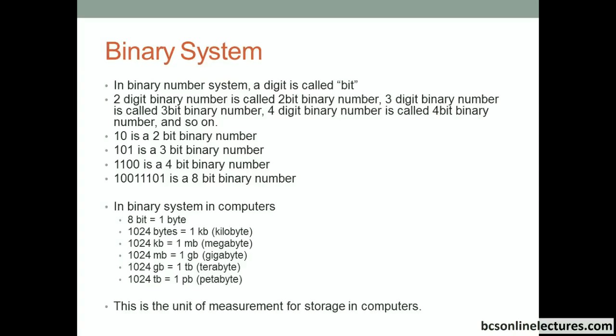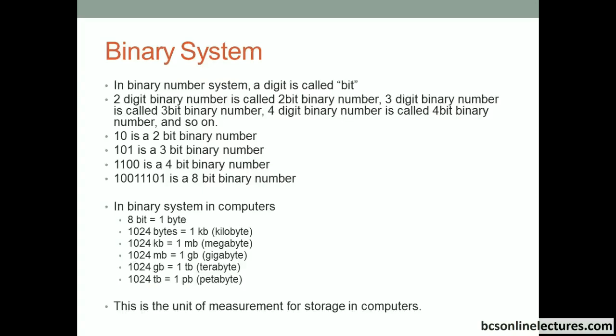So this bits and bytes system, or this binary number system, is for storage capacity. We use it for capacity inside a computer. Also it is sometimes used to measure speed or processing speed, right? How many bytes, how many bits can be processed in a given time.